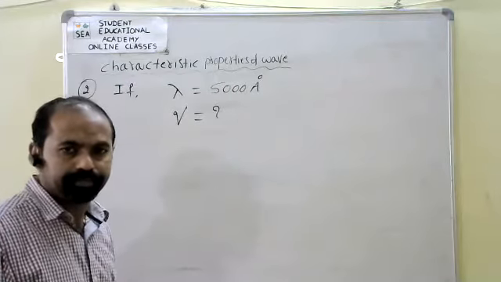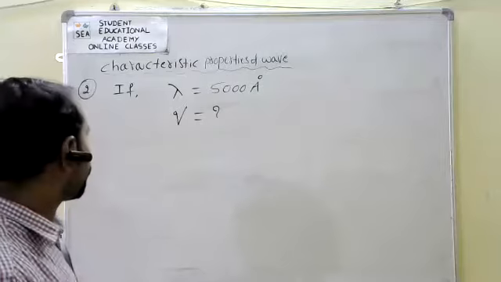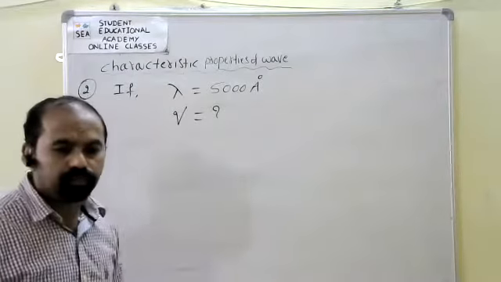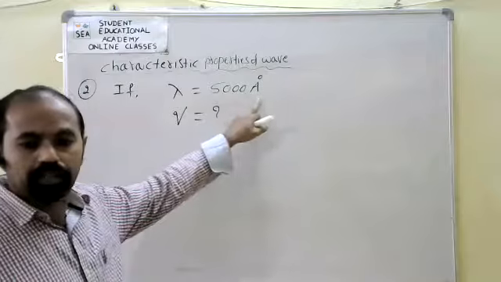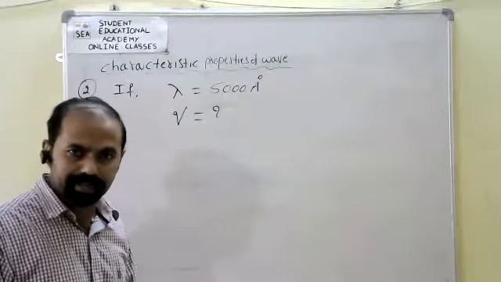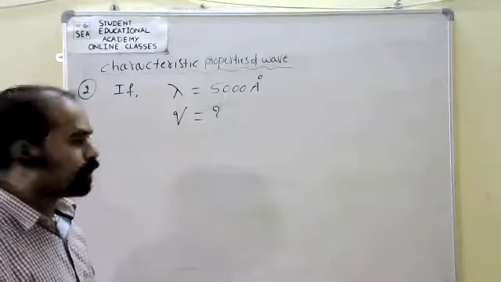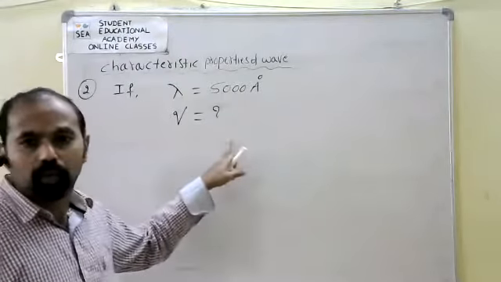Just what they are given here is the green light wavelength, that is equals to 5000 angstroms. So what about that light frequency?